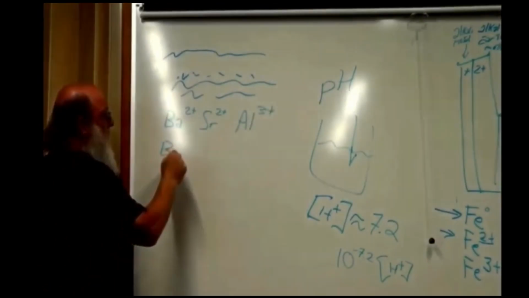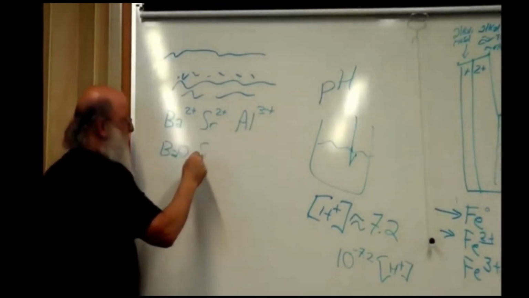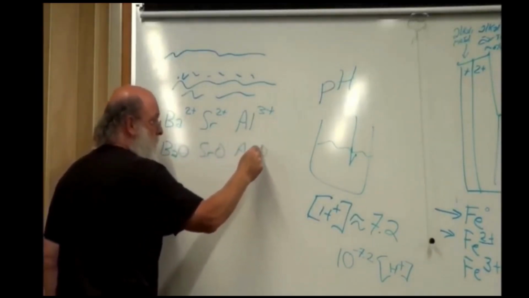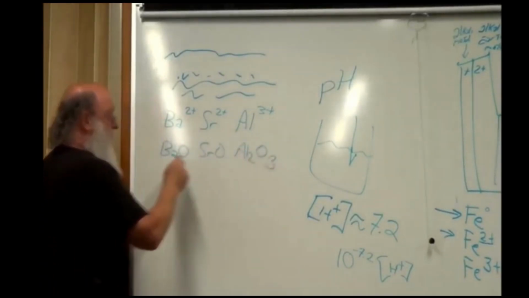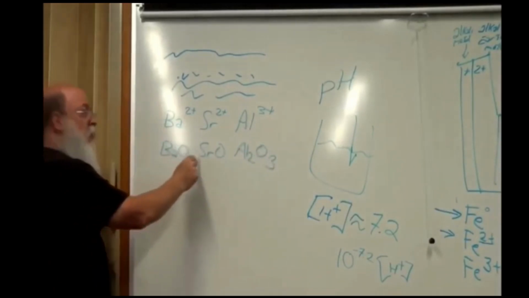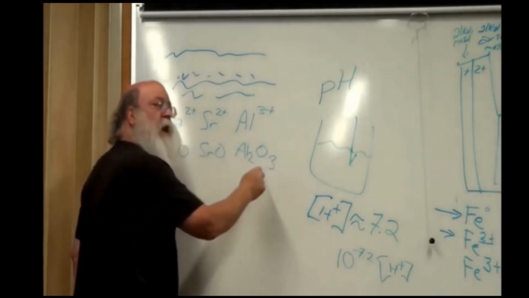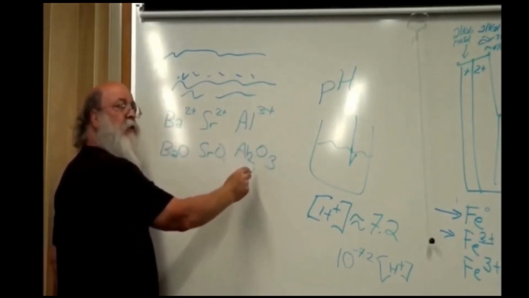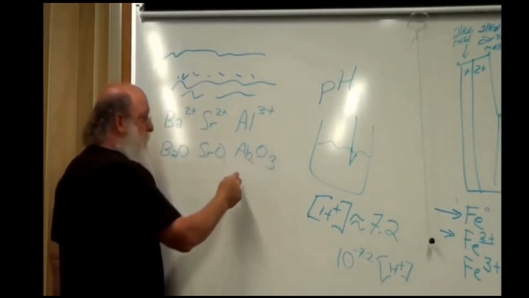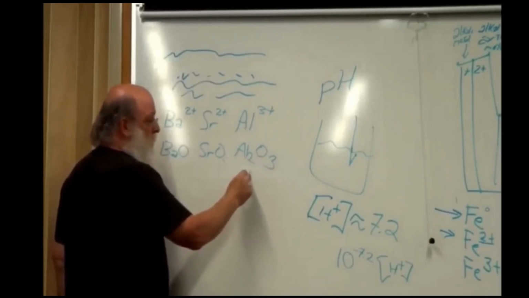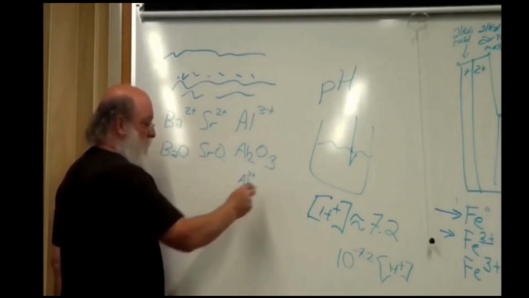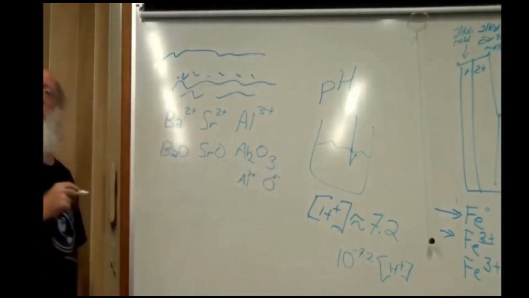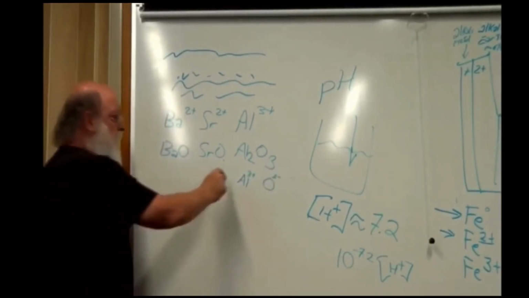And actually, the form that they are in the sprays are as the oxides. So we have barium oxide, strontium oxide, aluminum oxide, but notice aluminum oxide is Al2O3, and that's because the aluminum with its 3+ charge has to be balanced to the oxygen with its -2 charge.